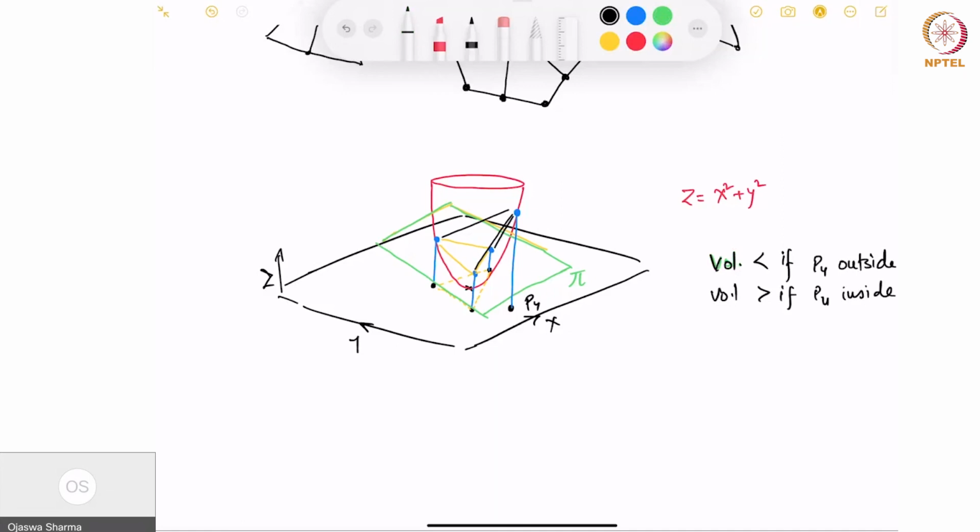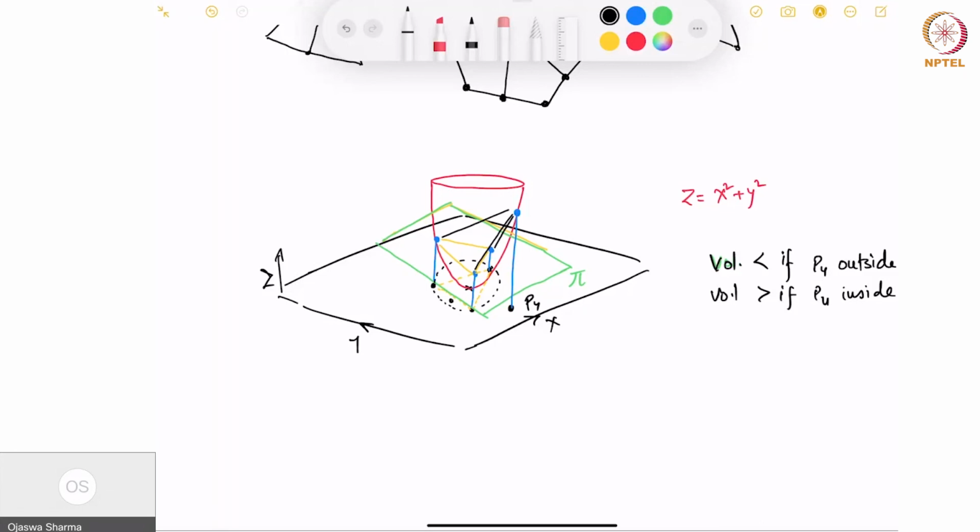And graphically, you can see that if P4 is outside the circumcircle, then it's going to be a negative volume. I can also draw the inside case. I haven't drawn this circle here. The circumcircle would be something like this. The diagram becomes a bit crowded, but I hope you can understand.